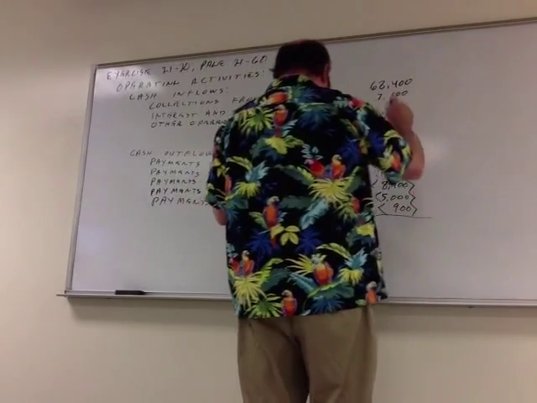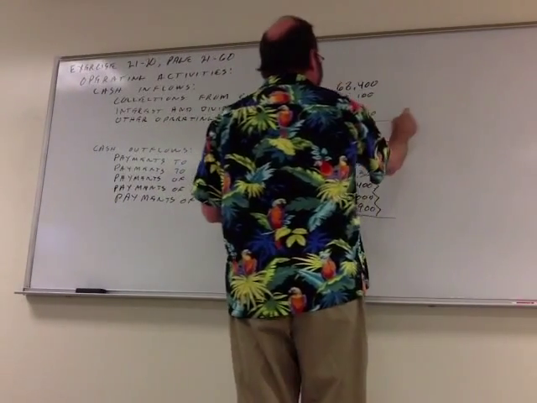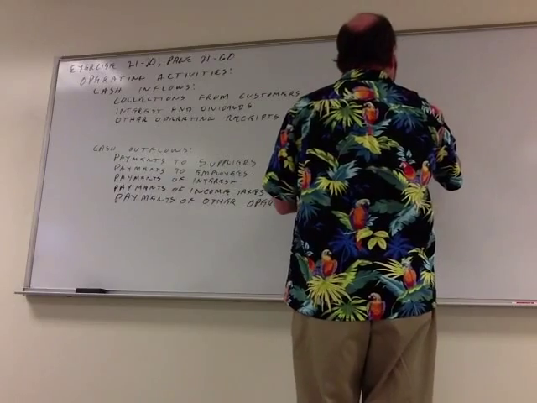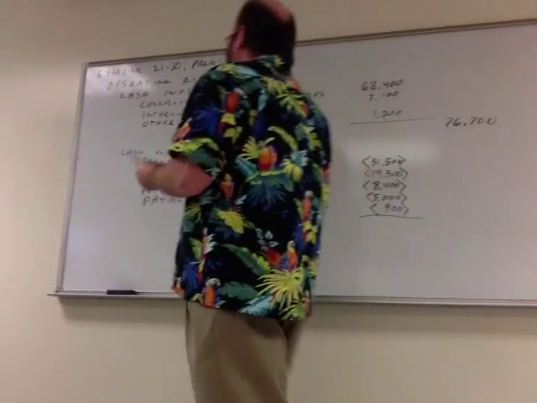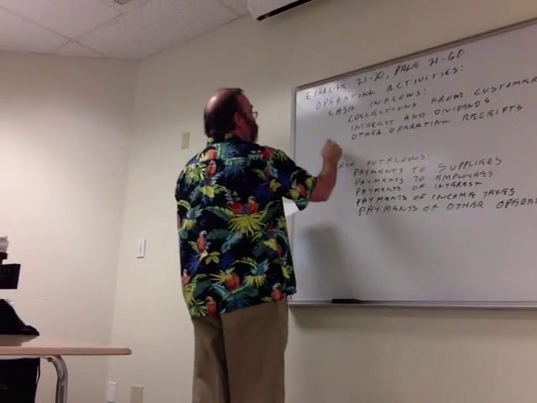Add all this up, you get, the top part is 76,700, which is cash outflows from operating.